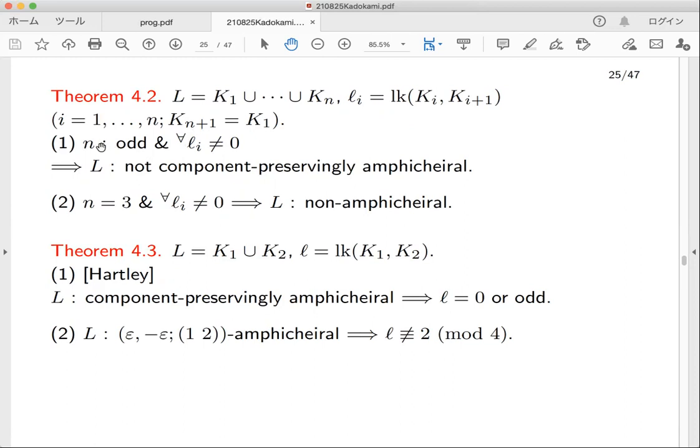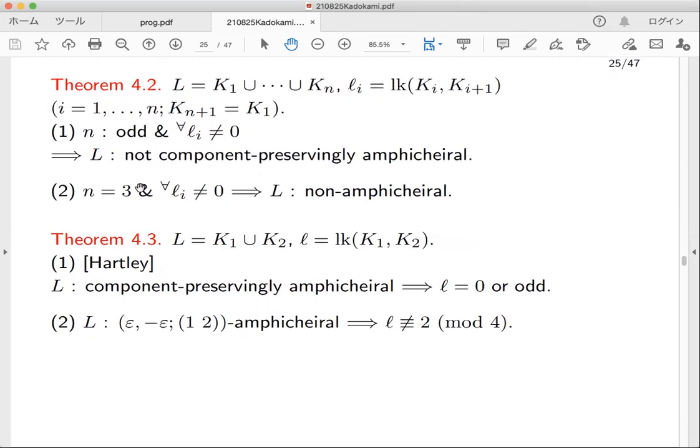The first: if n is odd and all li are not equal to 0, then L is not component preservingly amphicheiral.